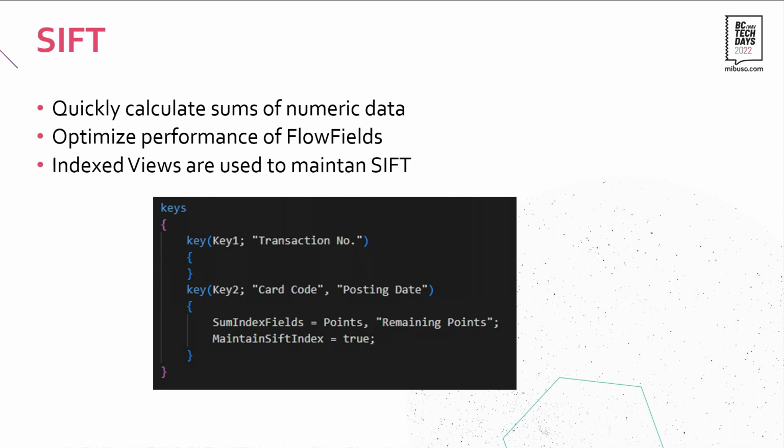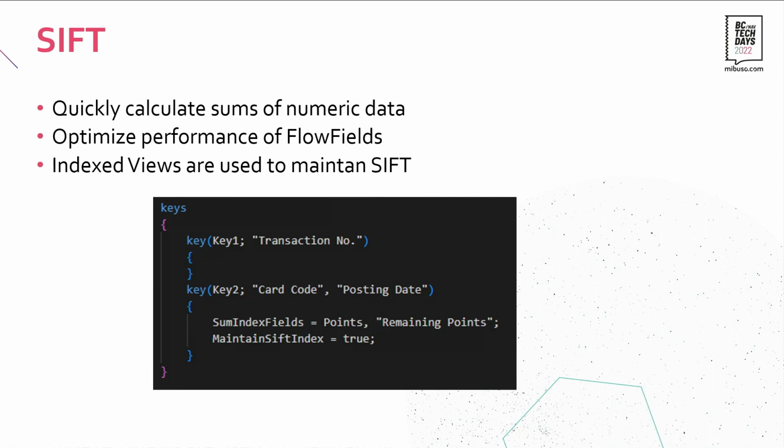We have a property on the key, which is MaintainSIFTIndex. It's true by default, so we don't need to put it. If we don't want to use the SIFT index, we can set it to false, but if we set MaintainSIFTIndex to false, basically the index view from the SQL Server will be dropped, so we will not have the SQL index.